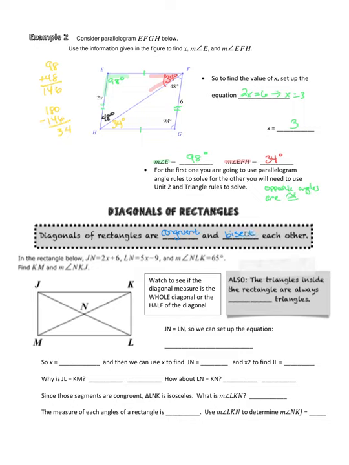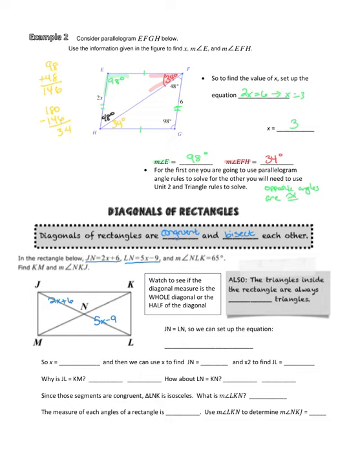Alrighty, let's do some labeling. JN is 2x plus 6. I'm just going to write it right across. LN is 5x minus 9.